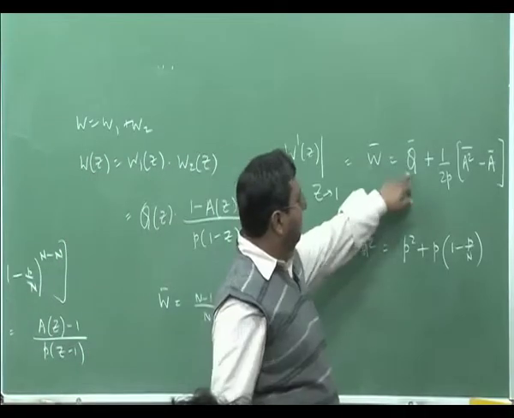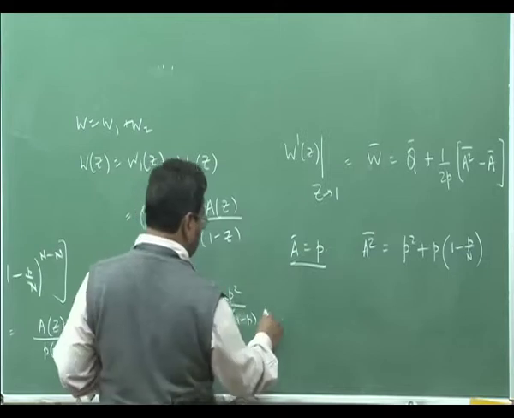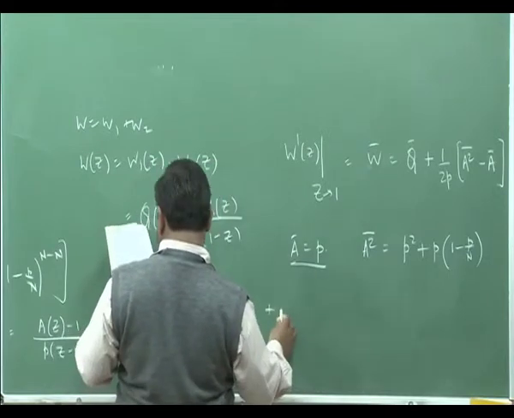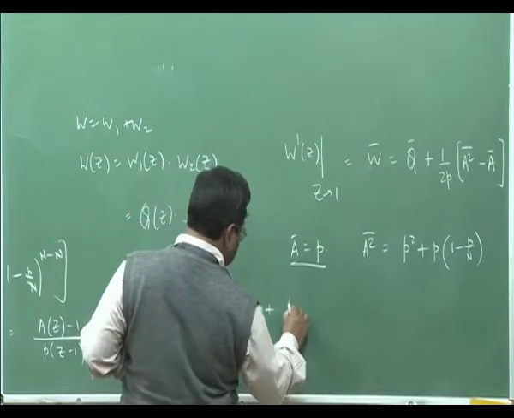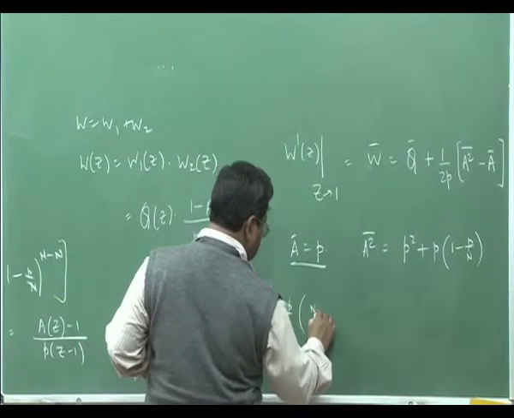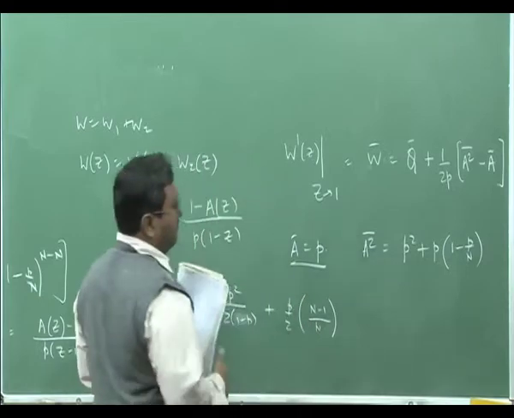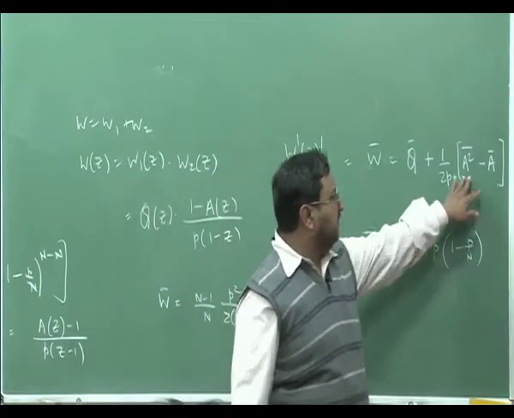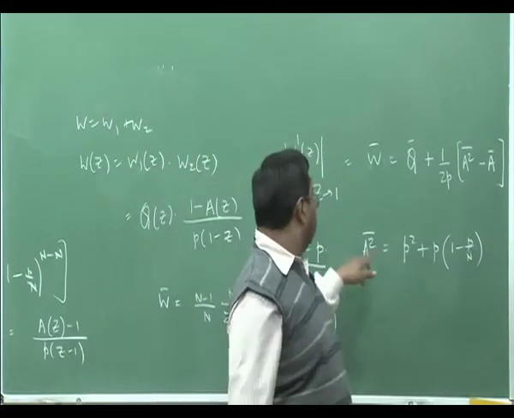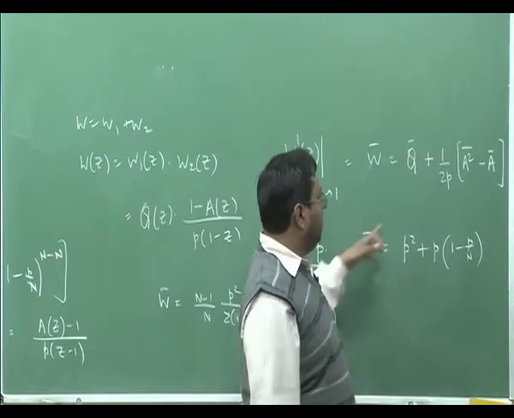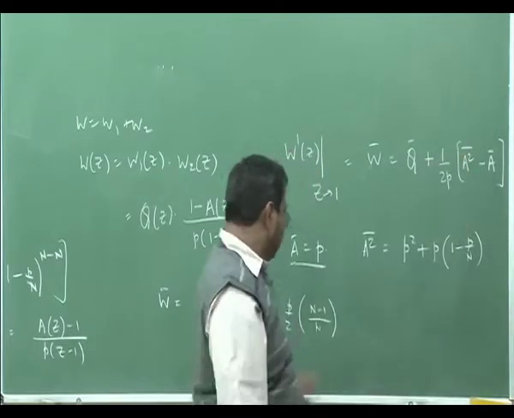this Q bar, plus the second term now you can put from here. This will turn out to be P by 2 n minus 1 by n. You solve for this particular one. A square you take from here, this A bar you take from here, put it here, solve, you should get this.